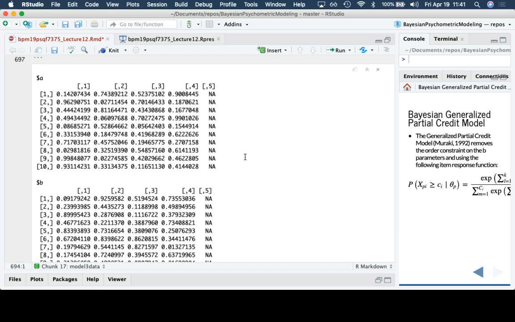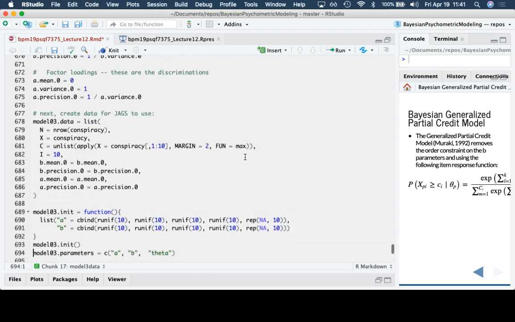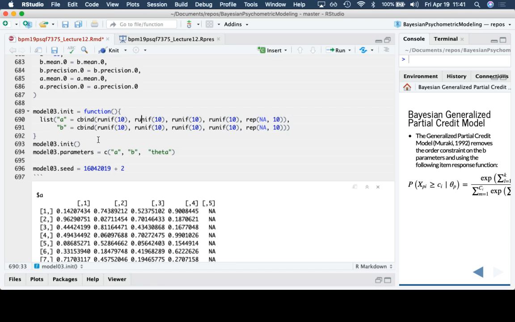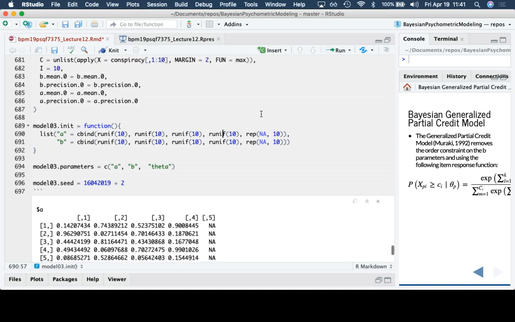Here I'm saying A becomes a matrix where we're replicating random uniforms for the first 4 and then putting NAs in the last. Everybody okay with that? Cool.